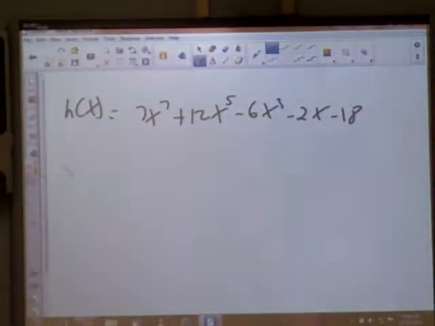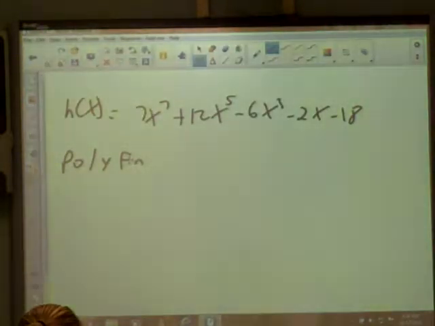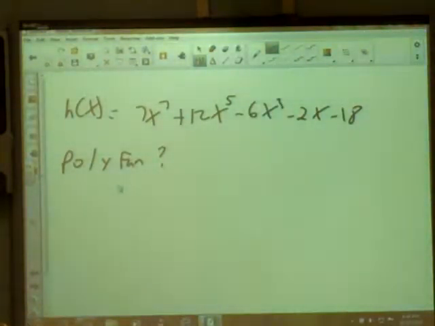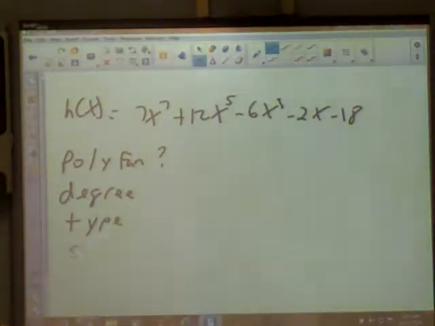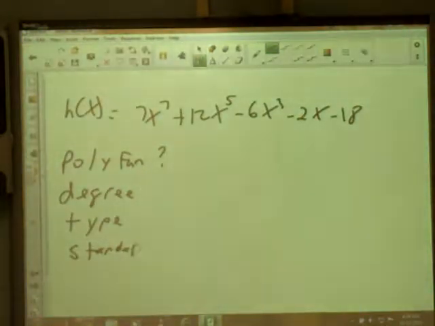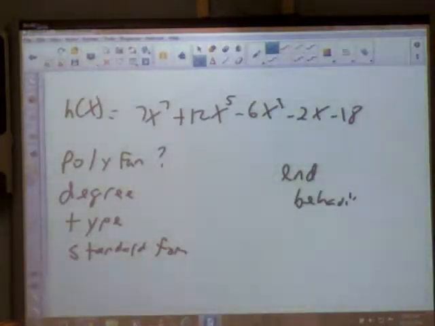Okay, here's everything I want to know. Is it a polynomial function? If it is, its degree, its type, put it in standard form if it's not, and describe its end behavior. So it's everything we've done today minus the graph.